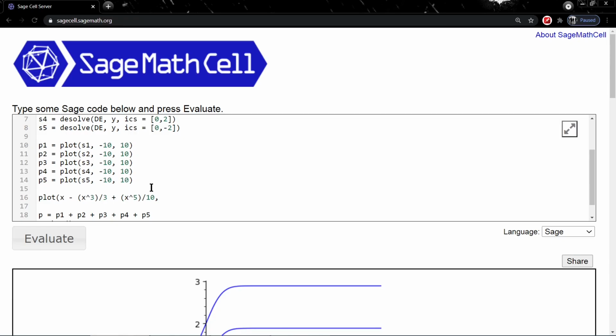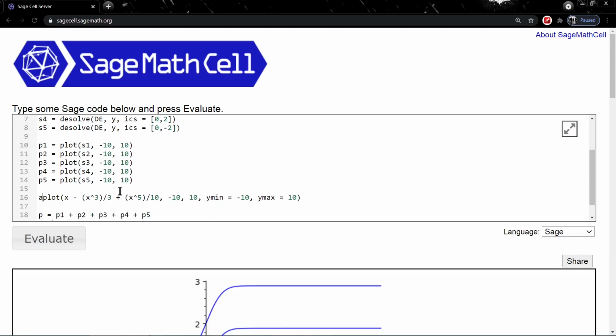This is the first particular solution. For x value from minus 10 to 10 and y value same from minus 10 to 10. Y max equal to 10.